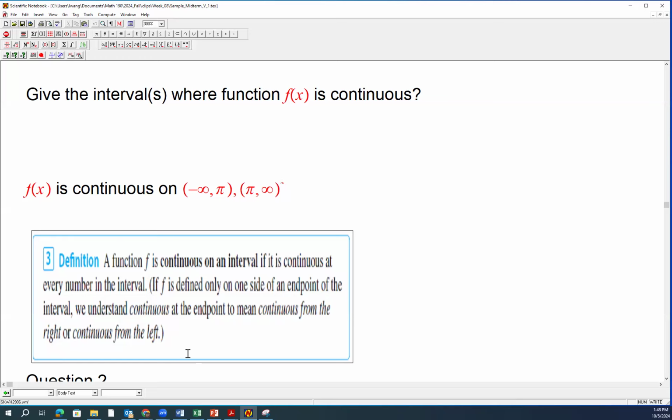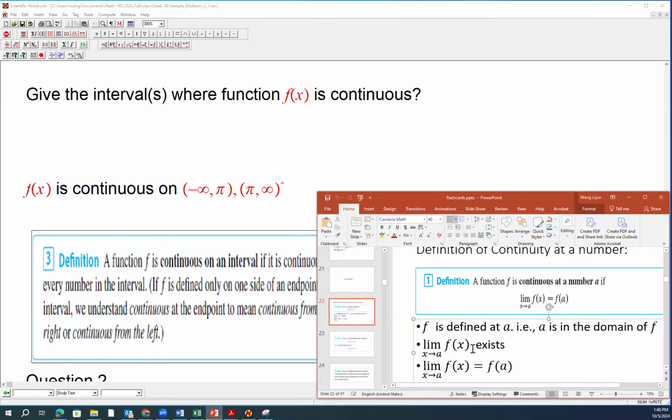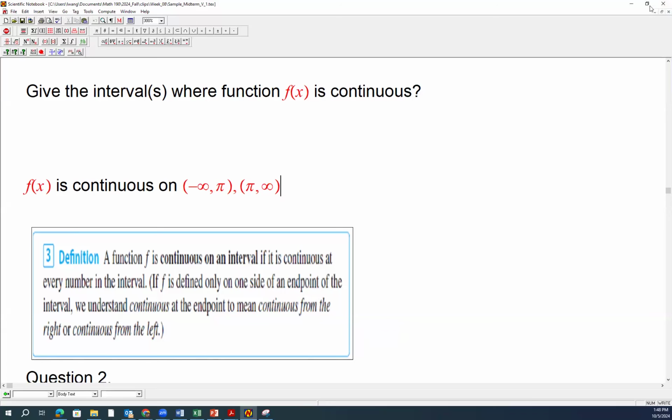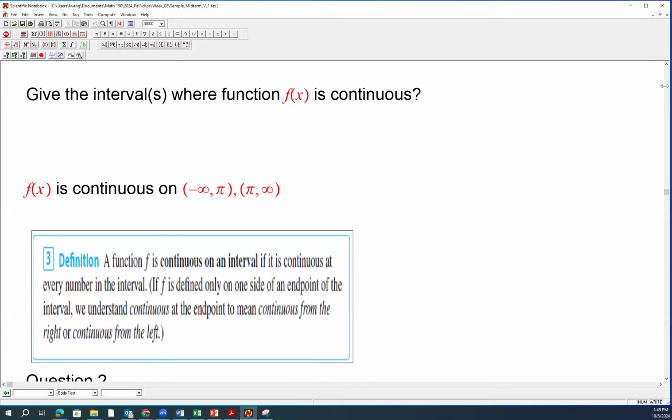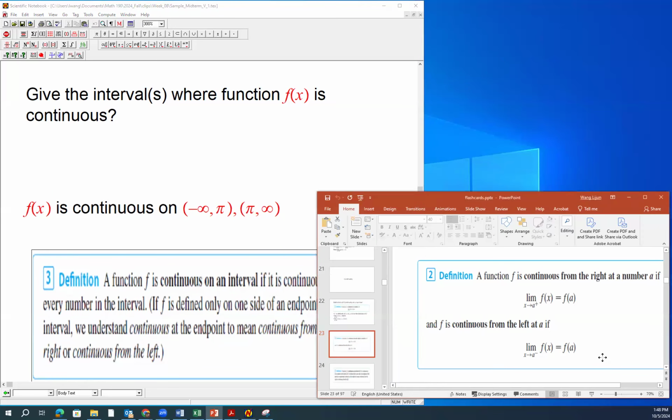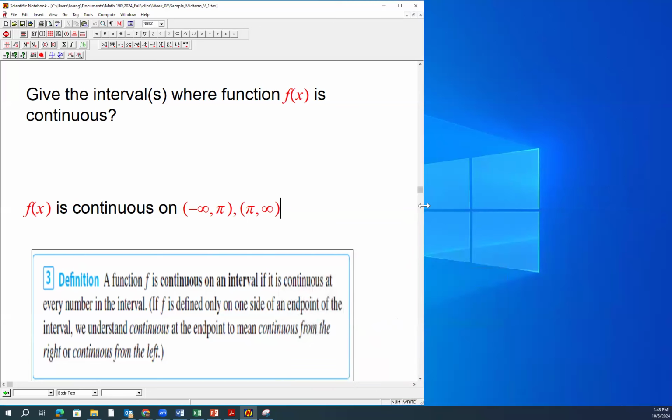However, there's left continuity and right continuity, okay? What is left continuity? What is right continuity? We have a definition of left continuity and right continuity. This is the part where I need you to apply our definition. So I'm going to put this here. Maybe I just copy this piece and bring it over to our screen.